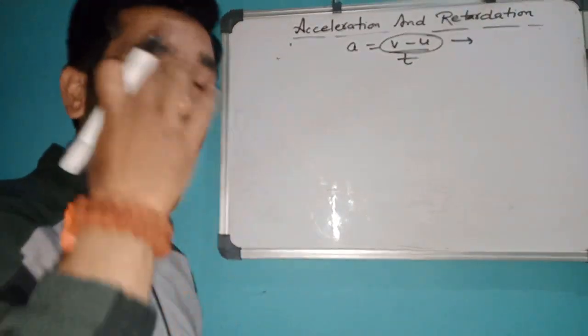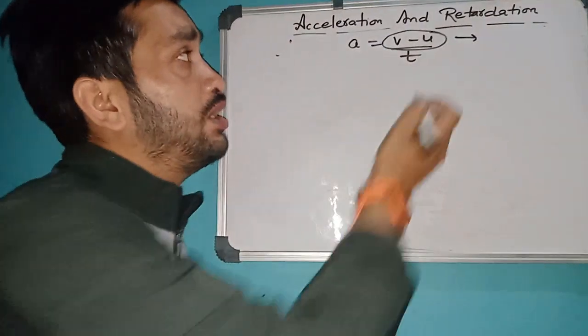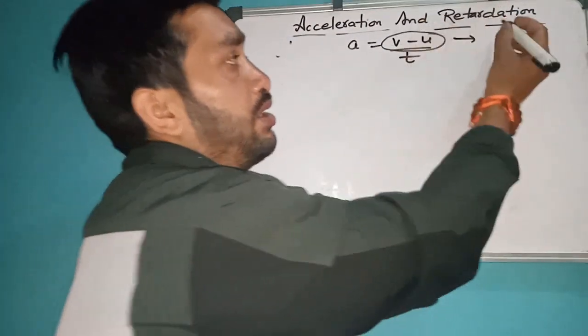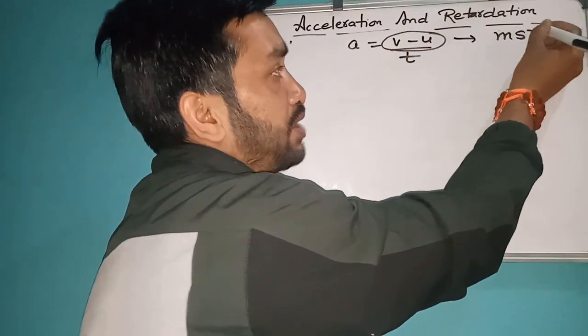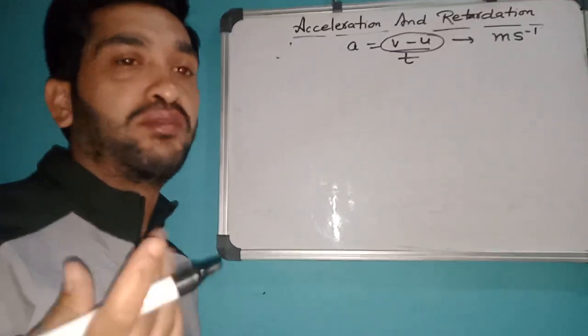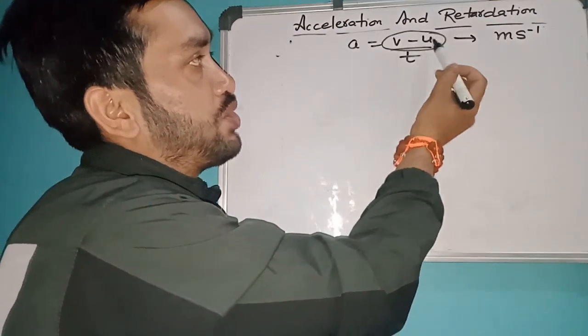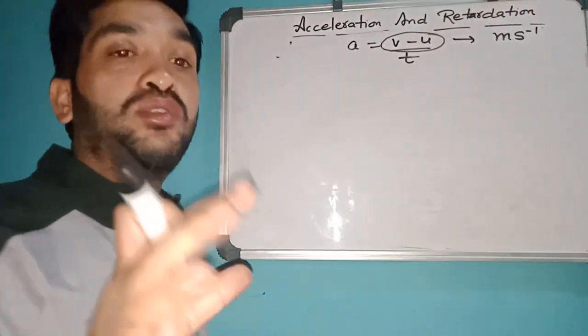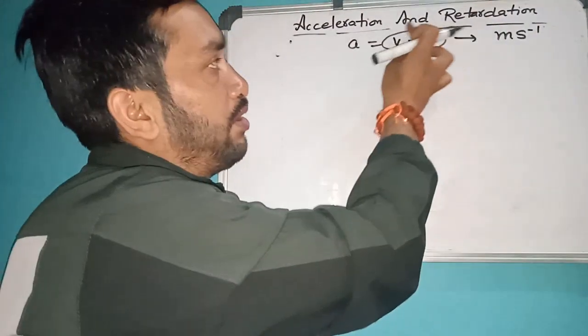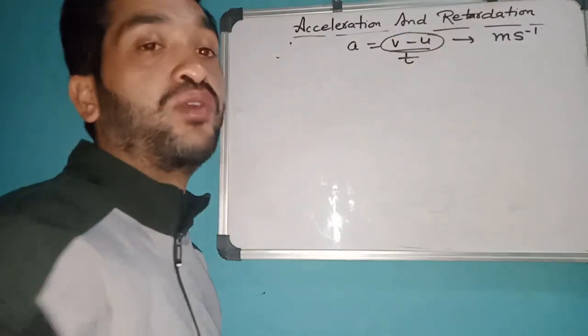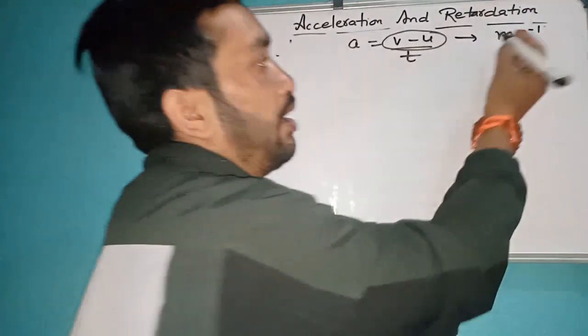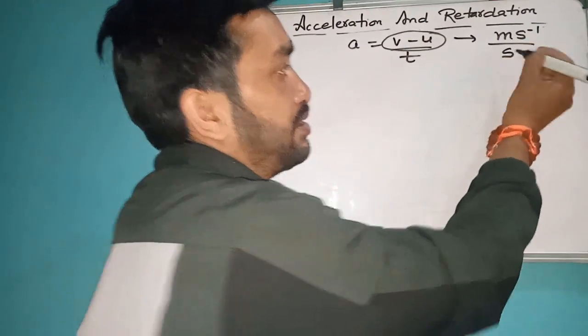Either think in your mind as speed or velocity, and whatever answer you get from here will be in meter per second. Suppose 8 minus 4, so 4 meter per second. 10 minus 2, 8 meter per second. So you have to think only about the unit. From the expression v minus u, you are going to get meter per second, and for the time, seconds.